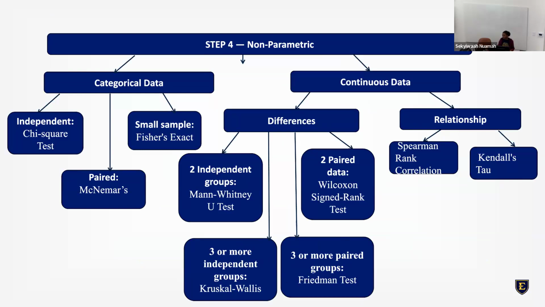And if it's continuous, you ask yourself, is it differences or relationship? If it's differences, like we did for the t-test and the ANOVA, this is the same. But with this, we go in for what? The Mann-Whitney test, the Kruskal-Wallis, the Wilcoxon, and the rest. And if it's about relationship, we go in for what? The Spearman correlation and Kendall.